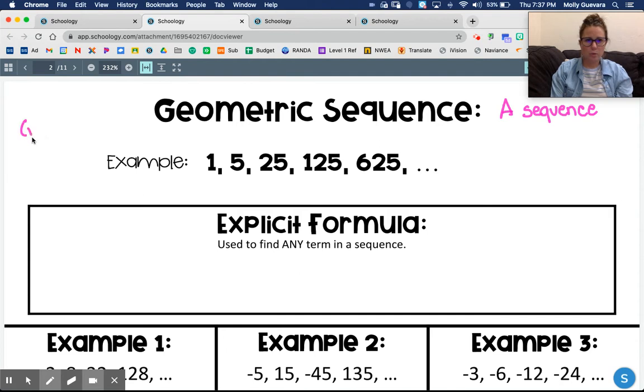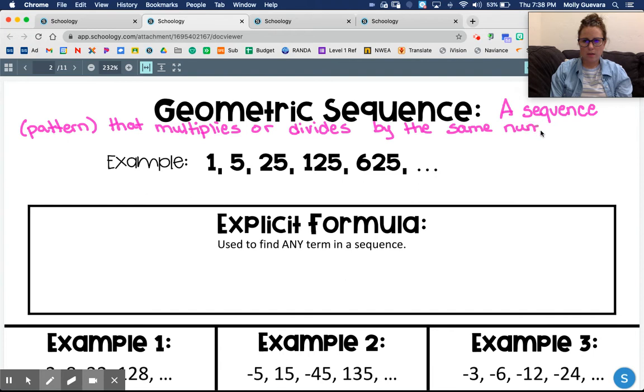A sequence or pattern that multiplies or divides by the same number every time.